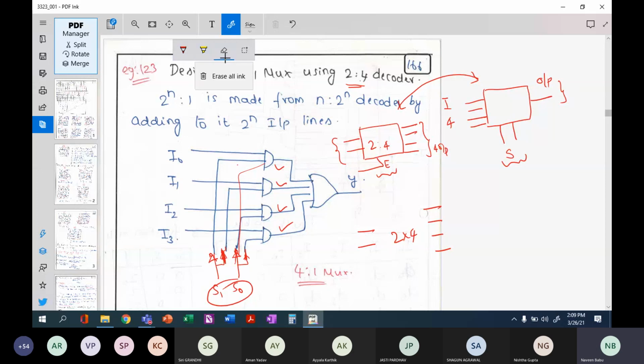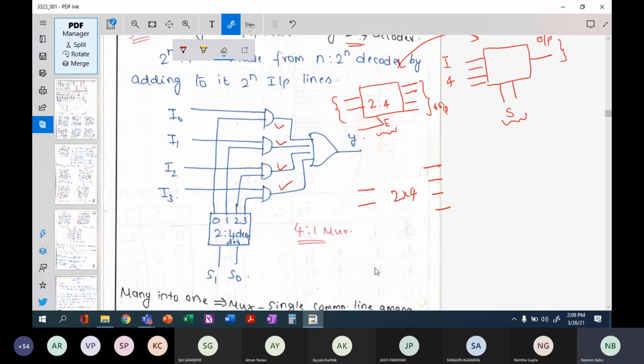So in order to do that, you can connect the 4 outputs of your decoder here to enable each AND gate, which means that when this is 0 0, then this 0 will be enabled, which means this AND gate will be enabled.